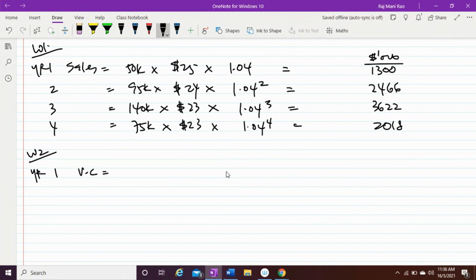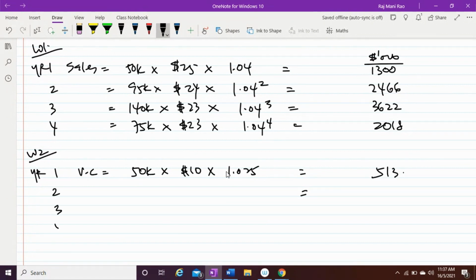How much is your variable cost? 50,000 times 10, times what? 1.025. So how much? 5125. 513, we round it up.